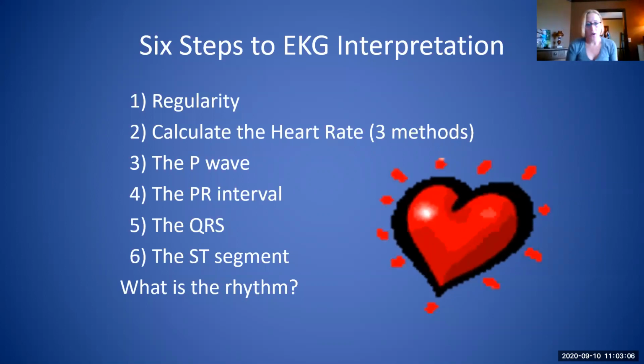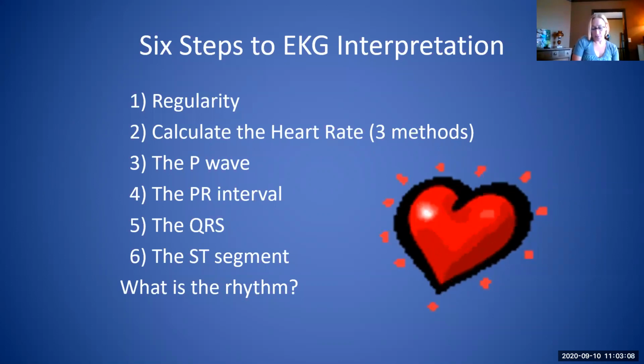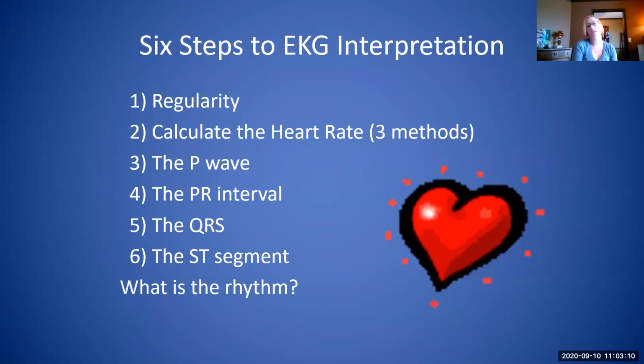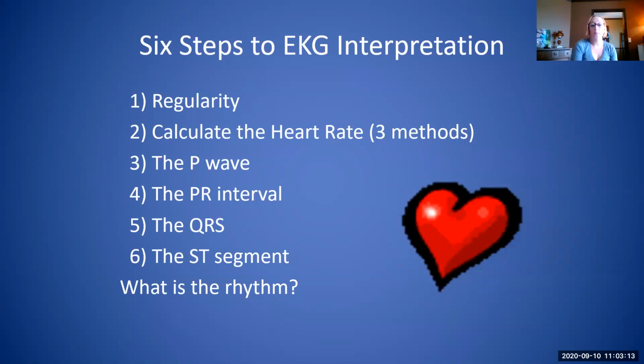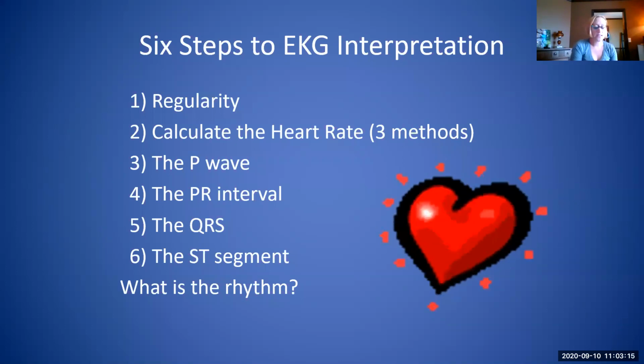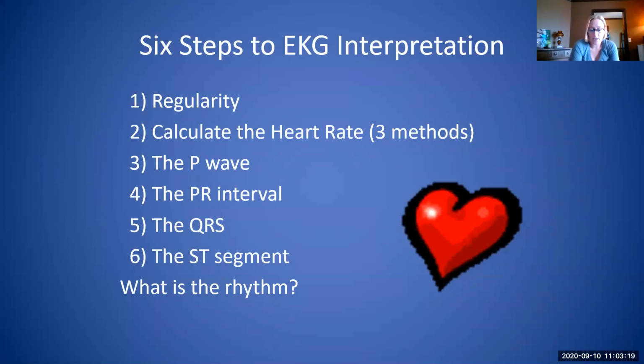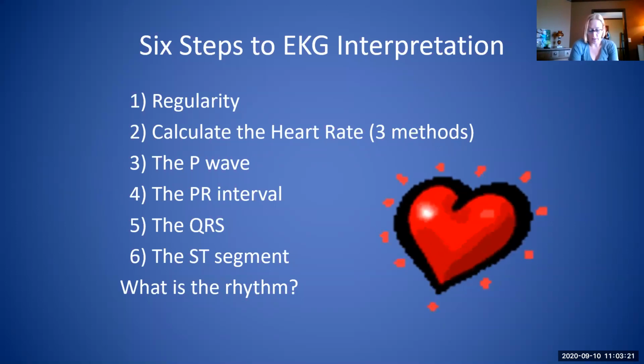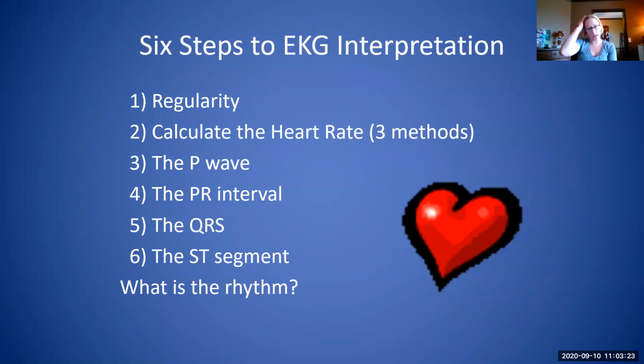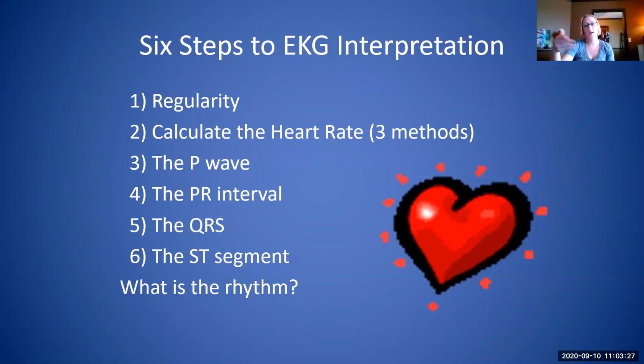Okay, so we have the 6 steps to EKG interpretation: the regularity, calculating the heart rate, the P wave, the PR interval, the QRS, the ST segment, and then we determine what our rhythm is. So we got to look at all those things to determine what our rhythm is. So looking at your P wave, is there a P wave there? Is it consistently there?